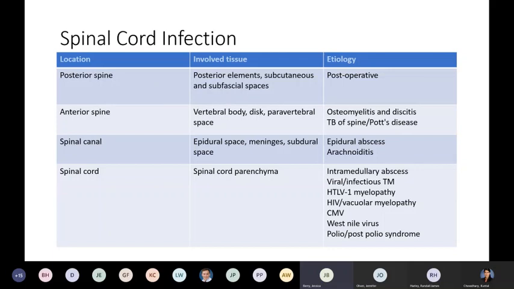HIV vacuolar myelopathy will primarily affect the lateral and dorsal columns of the cord. CMV usually presents more as a rapidly ascending polyradiculopathy, classically involving the cauda equina. Both of those have a pretty poor prognosis and high mortality rate.